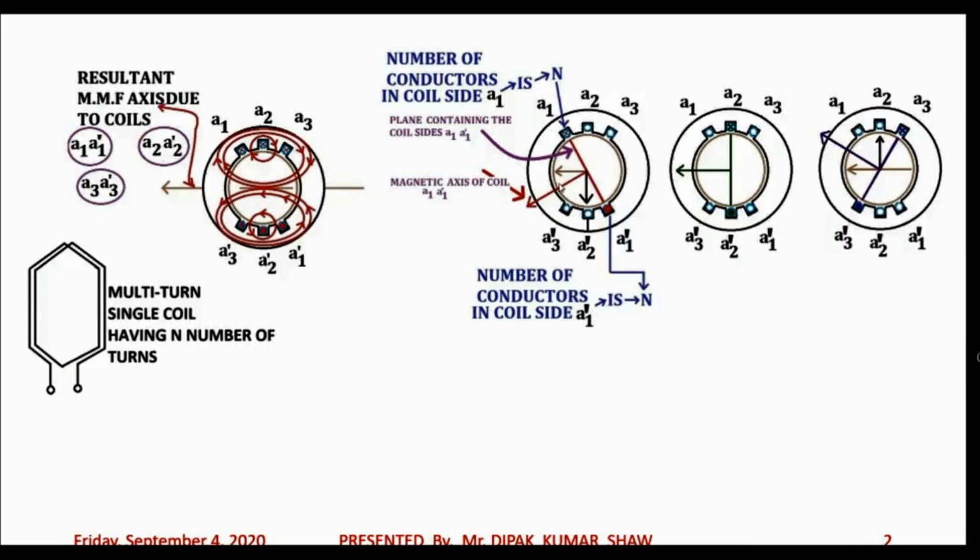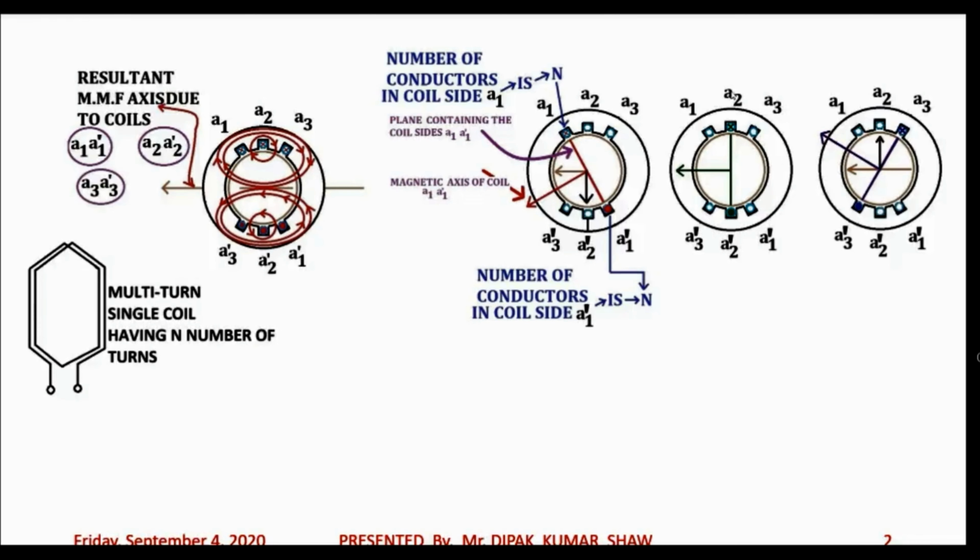This red arrow indicates the magnetic axis or the MMF axis for the coil A1 A1 dash. So this MMF of the coil A1 A1 dash is resolved into two components: one is the horizontal component, shown by the brown arrow, and another is the vertical component, shown by the black arrow.